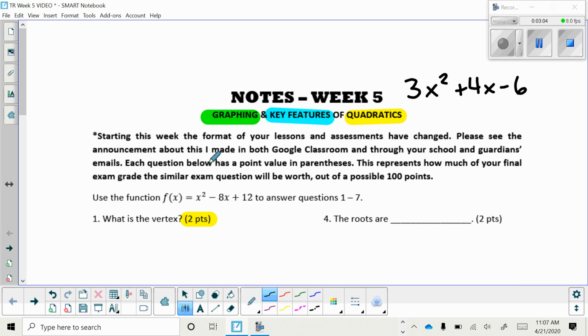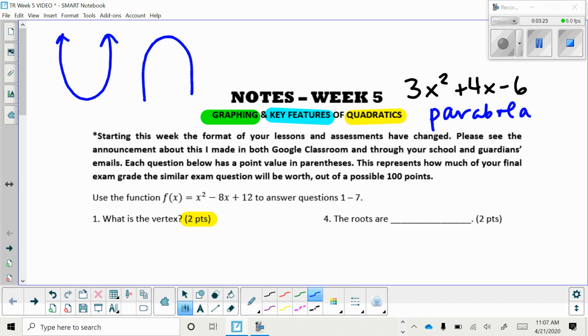So real quickly, a little bit of vocabulary. Remember that a quadratic graph has the shape of a parabola. It looks like a U. And they can open up like this, or they can open down.